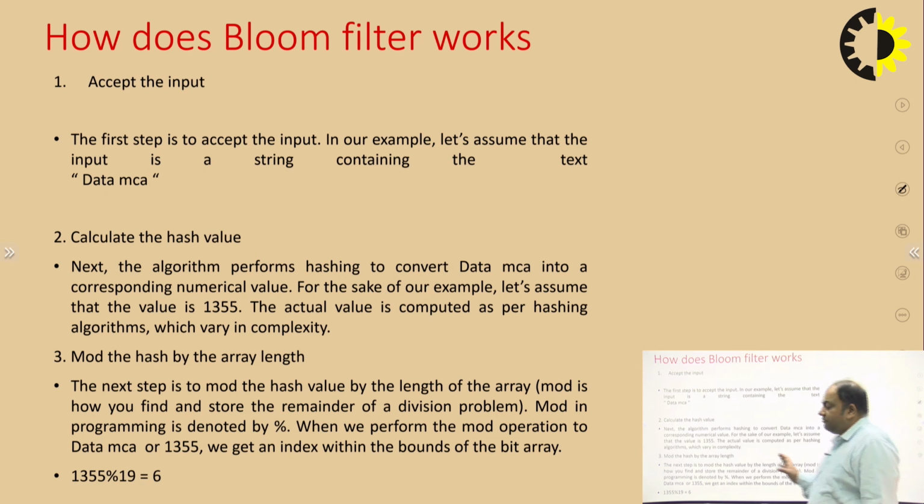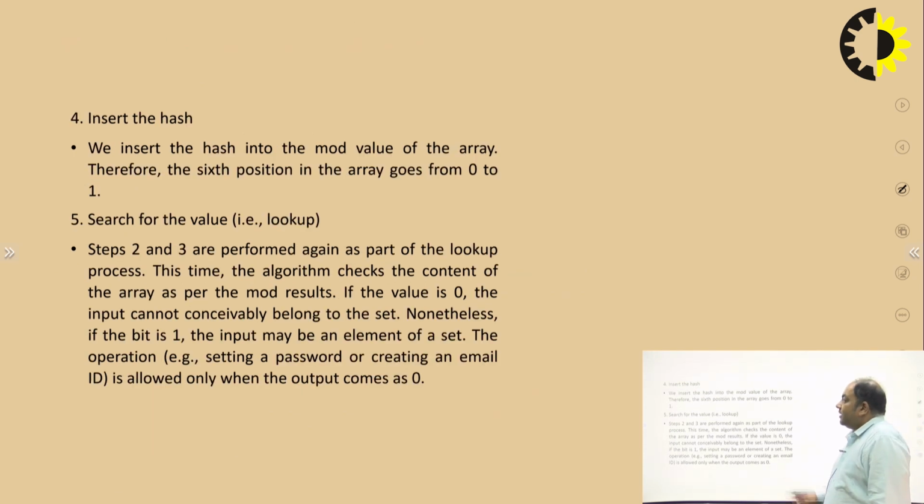Like 1355 is divided by 19, so we got a remainder of 6. Then we insert the hash at the mod value in the array, which is from 0 to 9, and then we search for it. So steps 2 and 3 are performed again as part of the lookup process.